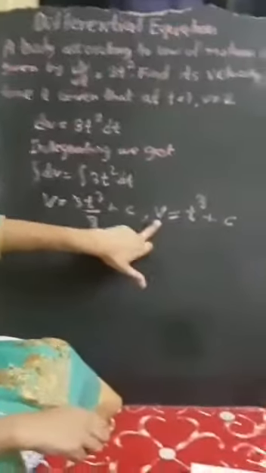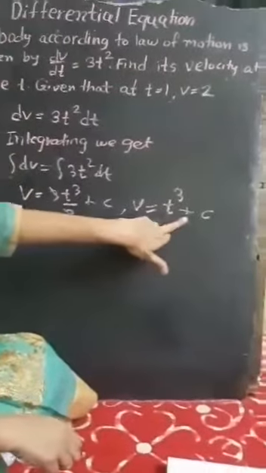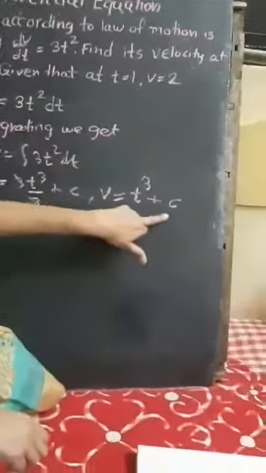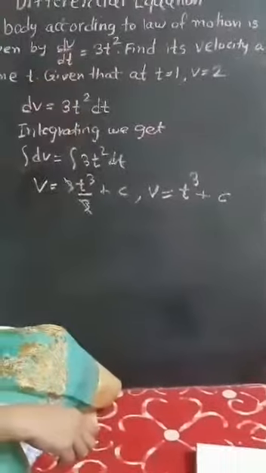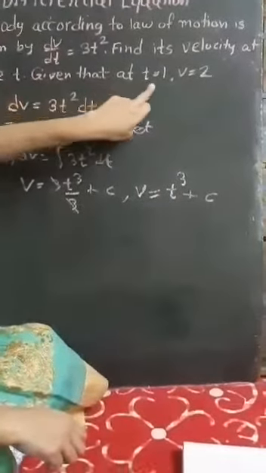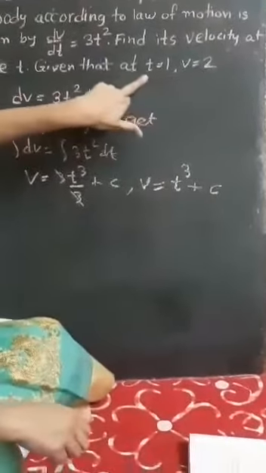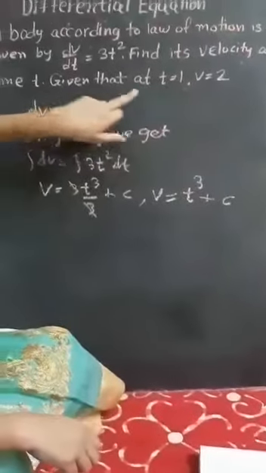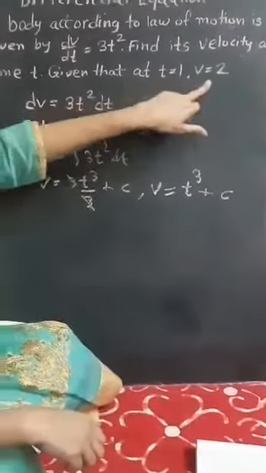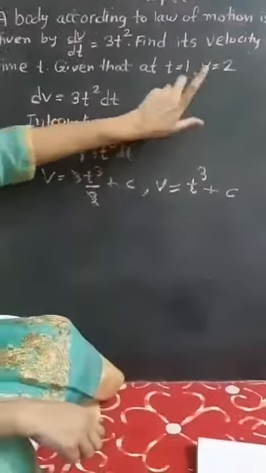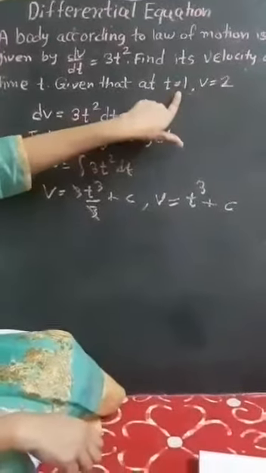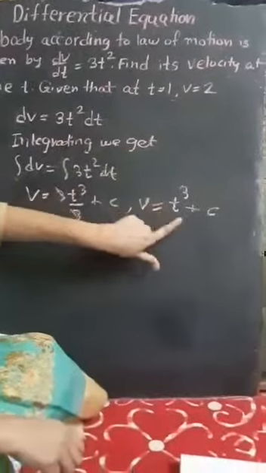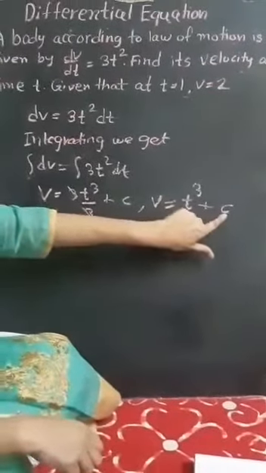Okay. So right now we got the answer. V is equal to t cube plus c. This is solution of the differential equation. But whenever initial conditions are given, like t equal to 1, these are called initial conditions, we have to substitute those initial conditions in the answer and we have to remove the c.